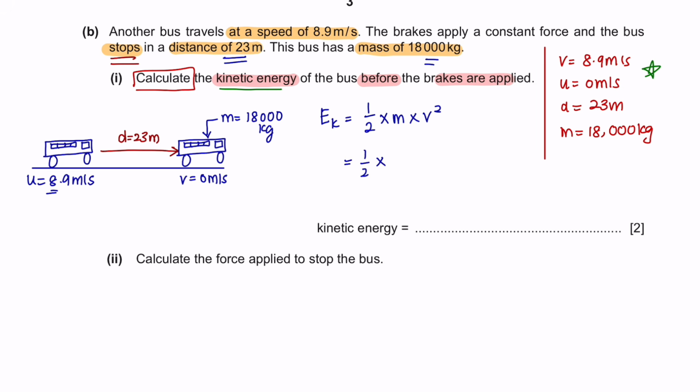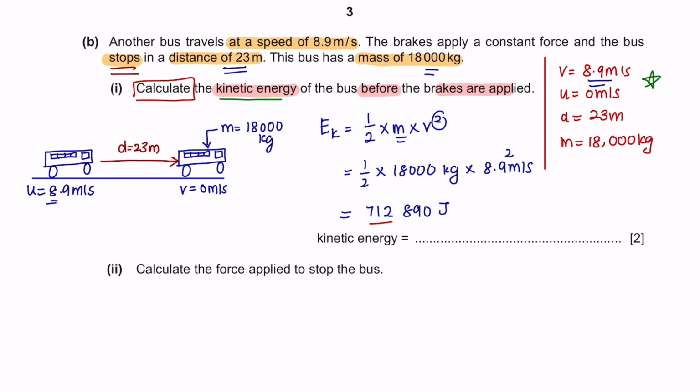Everything is pretty simple over here. We'll just substitute the values. The mass is 18,000 kilograms and the velocity is 8.9 meters per second, and we need to square this value. Putting this all in your calculator, you should get a value of 712,890 joules. But don't forget to change your final answer into two significant figures, which would be 710,000 joules, or if you want to give your answer in kilojoules, it would be 710 kilojoules.